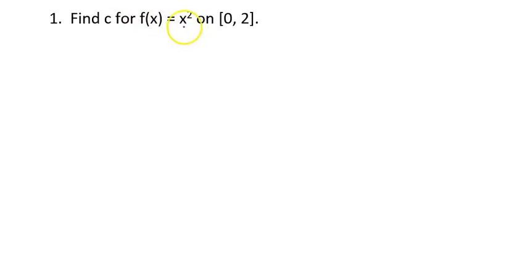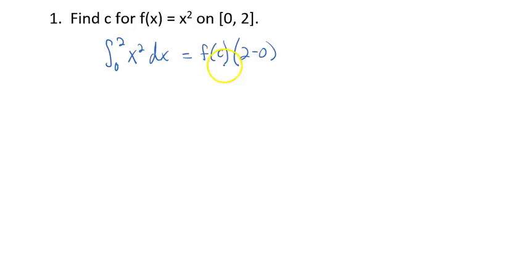Okay, so let's find C in a real problem. This time our function is x squared, and we're on an interval from 0 to 2. So that's our A and our B, and we want to find the C. So I'm going to take my integral from 0 to 2 of my function. This is talking about that exact area. And then over here I'm going to have f of c times b minus a, so 2 minus 0.